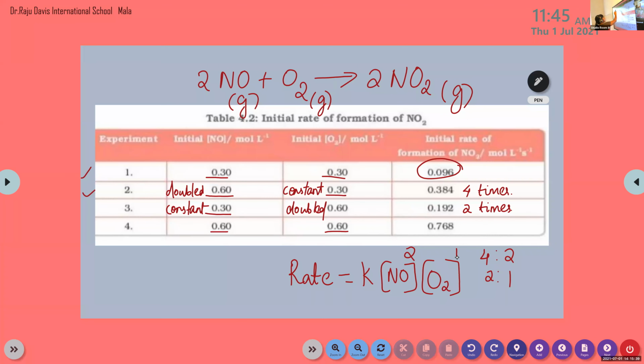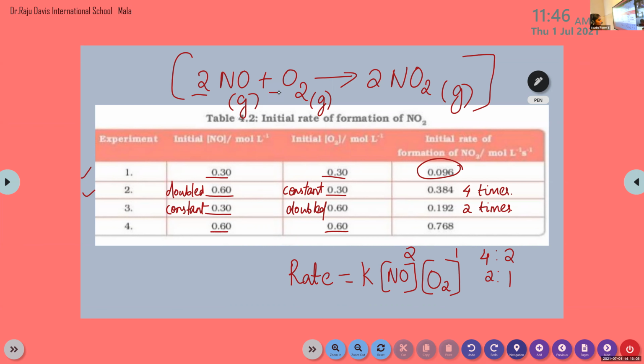And here you look at the stoichiometric coefficients of this chemical reaction and the powers of this rate law. Is it same or not? You can tell me. When you look at the stoichiometric coefficients of the balanced chemical equation and the powers of this rate law, is it same or not?